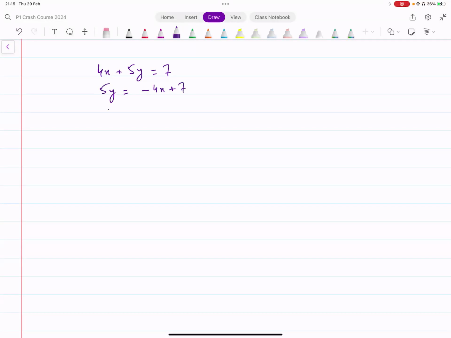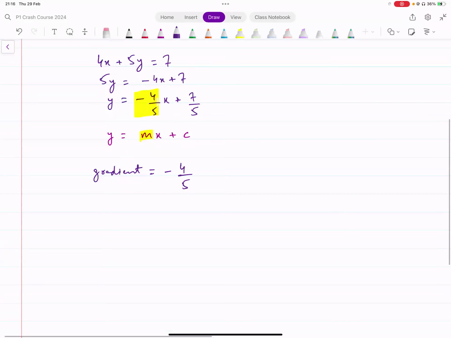And then y equals minus 4 over 5 times x plus 7 over 5. You've made y the subject. Your standard form was supposed to be y equals mx plus c. You compare with that. What's the gradient? The gradient is minus 4 over 5. That's the value of the gradient that we were looking for.